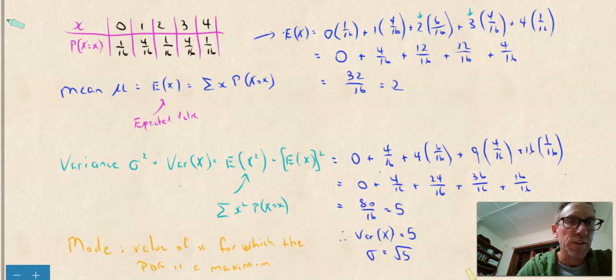So it's our value of x that gives us our largest probability. So in our case here, that is 6/16. So therefore, our mode is 2.